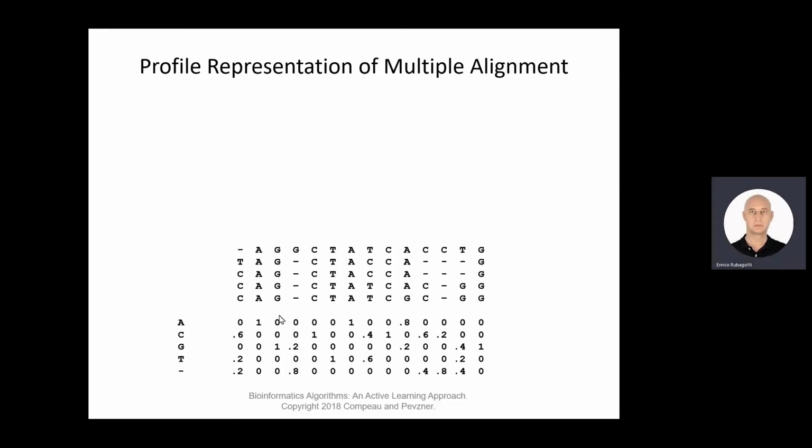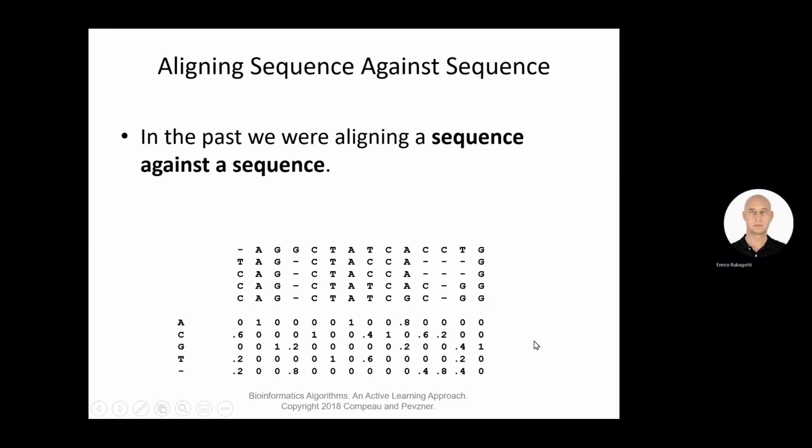In this case, I have 1 gap, 3 C and 1 T. It means that C will be 60%, T 20%, and the gap 20%, and going forward. In this one, I have only 1 C and four gaps. C is 20% and the gap is 80%.